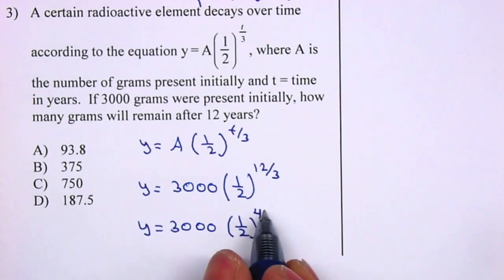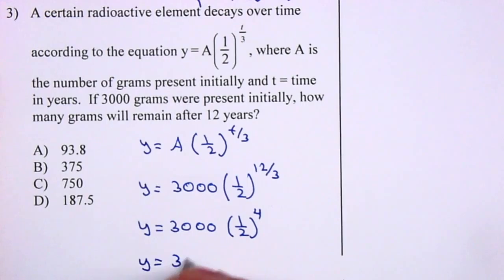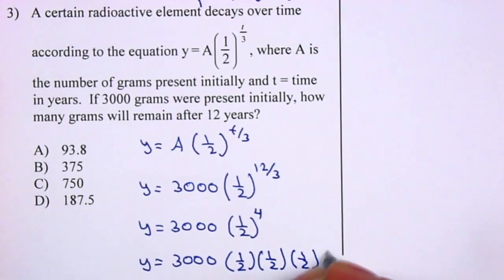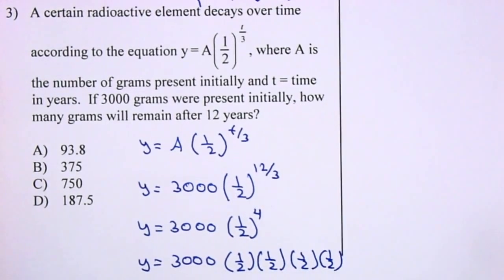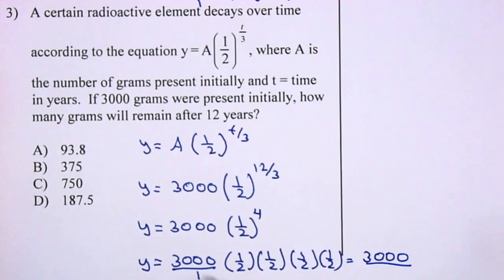We want to raise it to the power of 4 first, so we're going to expand. It will be 3,000 times 1/2 times 1/2 times 1/2 times 1/2. We're going to be multiplying across. When we multiply a whole number by a fraction, we place it over 1. So it'll be 3,000 on top. The denominator will be 1 times 2, 2, 4, 8, 16. So it'll be 3,000 divided by 16.